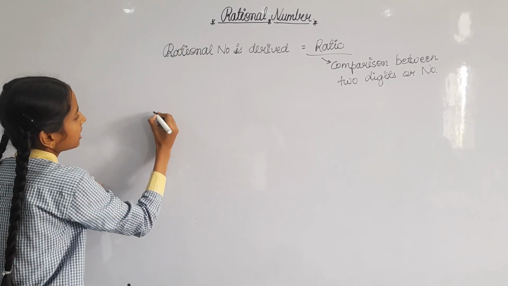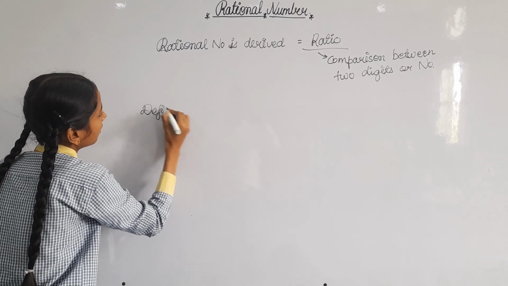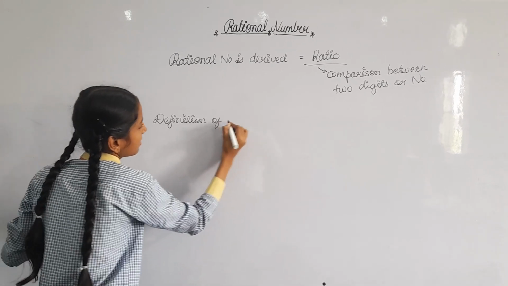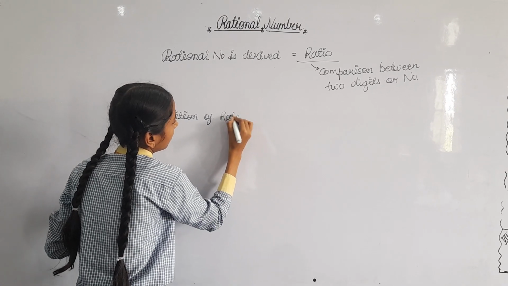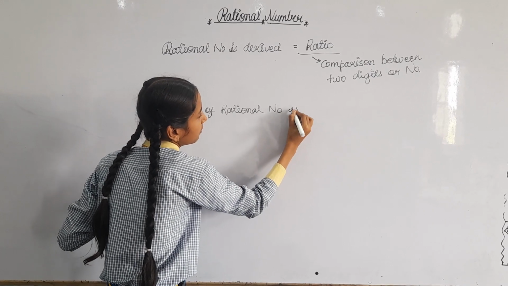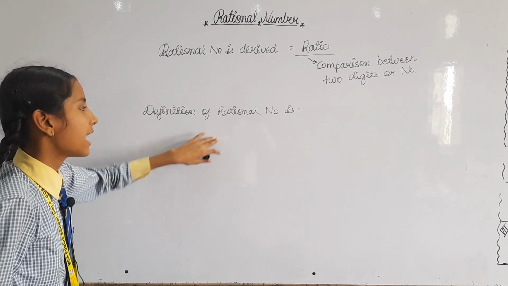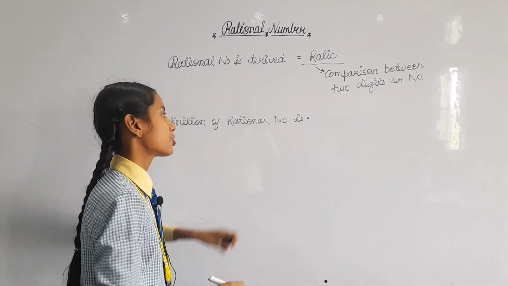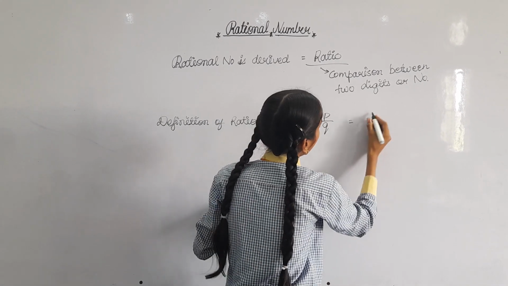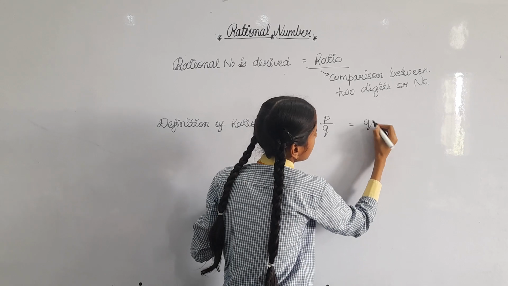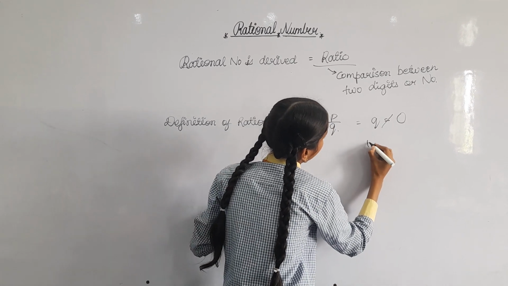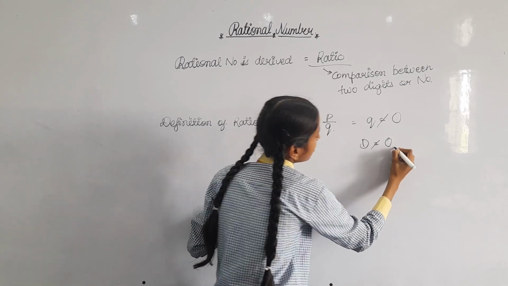Now the definition of rational number. A rational number is any number which can be represented in the form of p by q, and in p by q the q is not equal to 0, meaning that the denominator is not equal to 0.